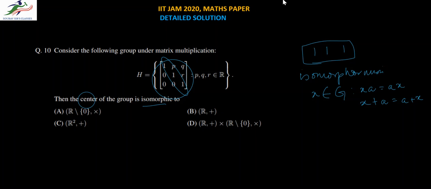So this is the property of isomorphism, and we know that any number multiplied by 1 will be the number itself. So 1 into x will be equal to x into 1.